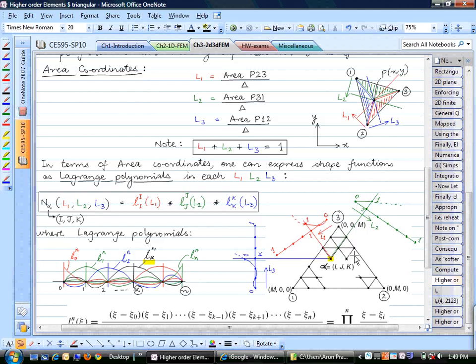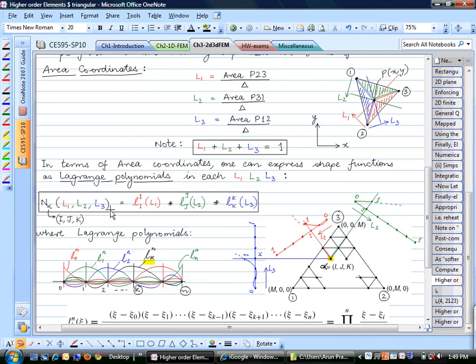So now we'll repeat the same idea for L2. In L2, you see that you start from 0, go up 1, and the shape function is right here. So this function L1 of L2, that's just a linear shape function that goes to 0 at this point and 1 at this point. So if you multiply this shape function with this shape function in L1 and L2, this will ensure that this point corresponds to all these points.